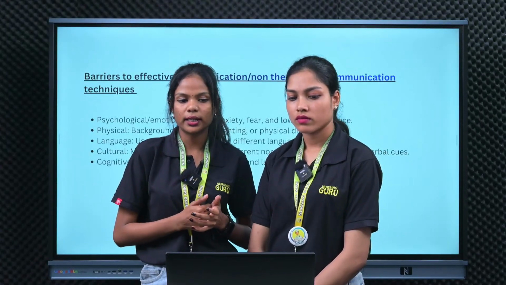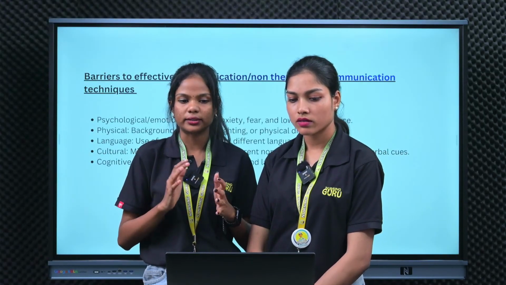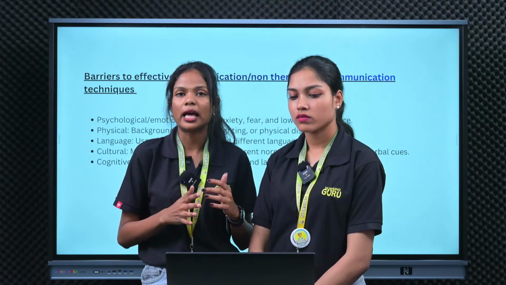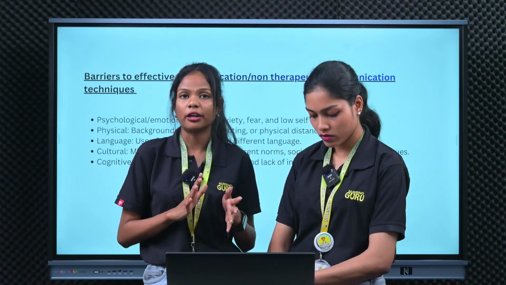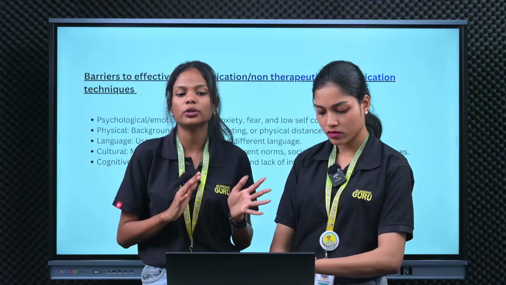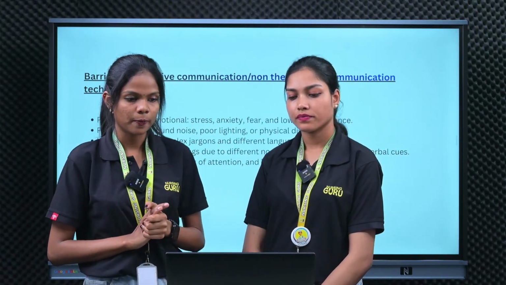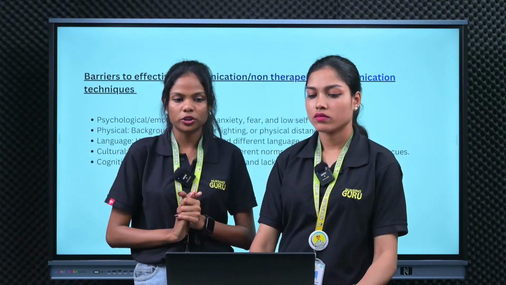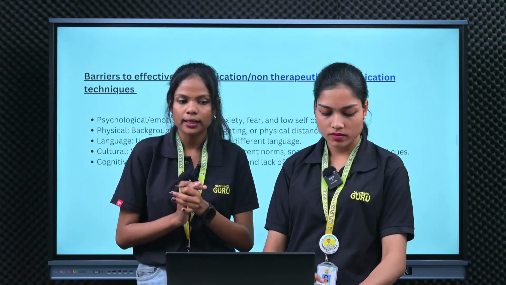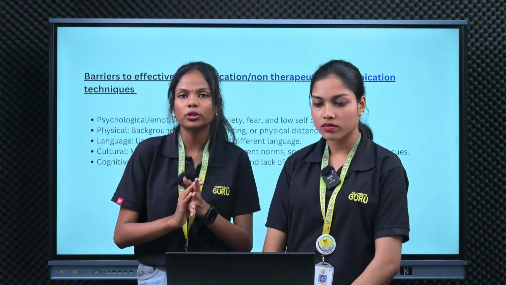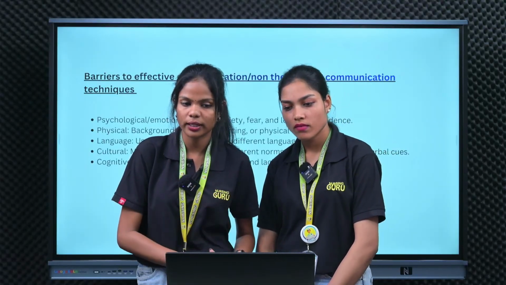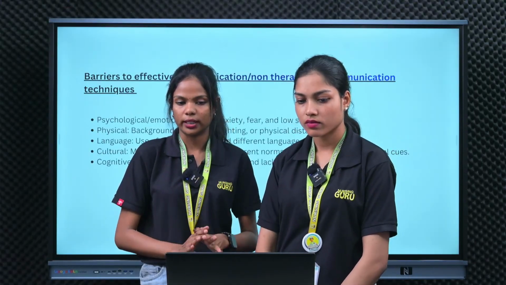The next one is cognitive or attitudinal factors. It means lack of attention, lack of interest. These factors are the barriers to effective communication. So the first is psychological or emotional, second is physical, third is language, fourth is cultural, and the fifth is cognitive or attitudinal.